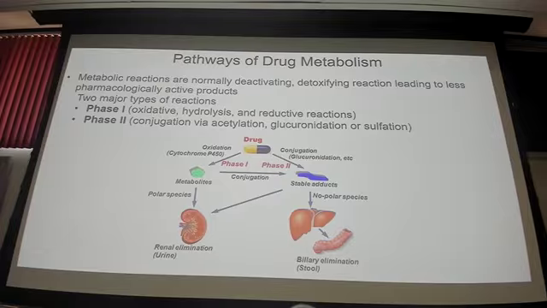In terms of metabolism, there are two main pathways. Phase 1, we know, is achieved by the cytochrome P450 enzymes through reduction, oxidation, and hydrolysis reactions. Phase 2 are conjugation reactions through glucuronidation, sulfation, and acetylation.